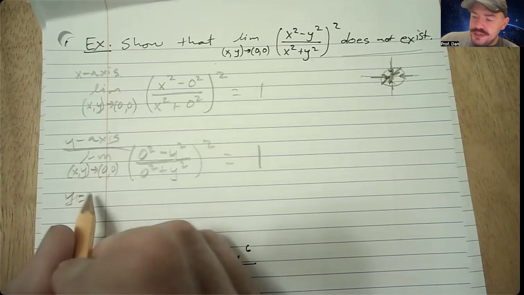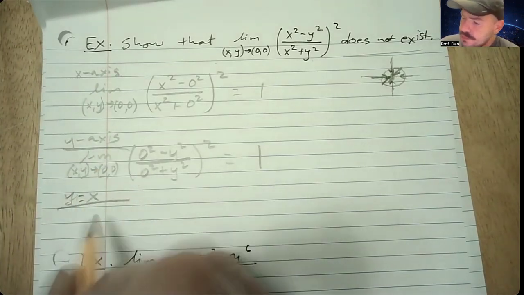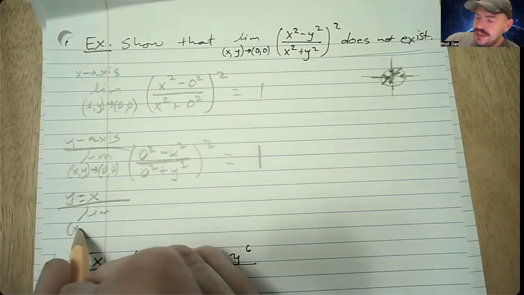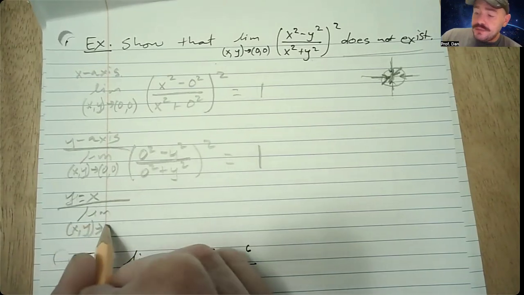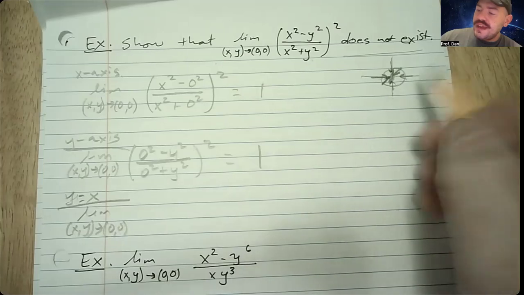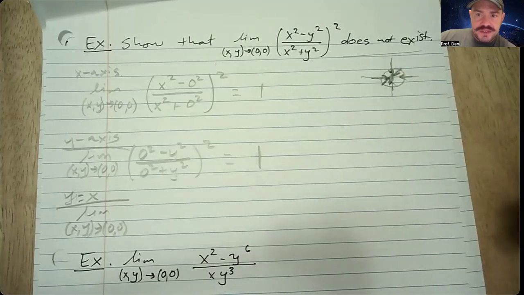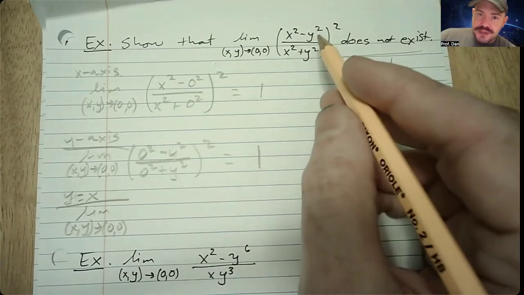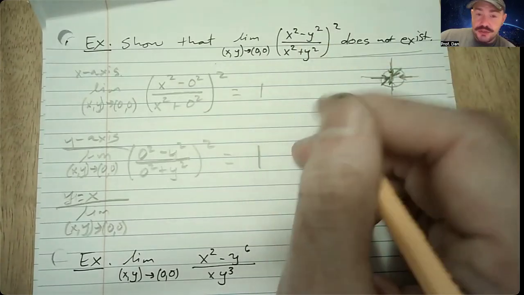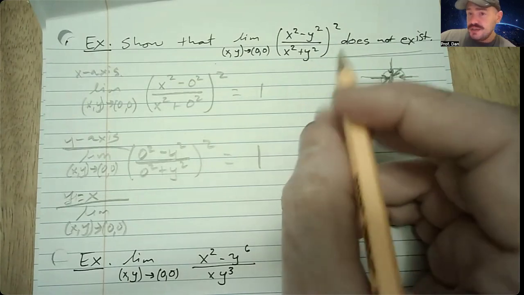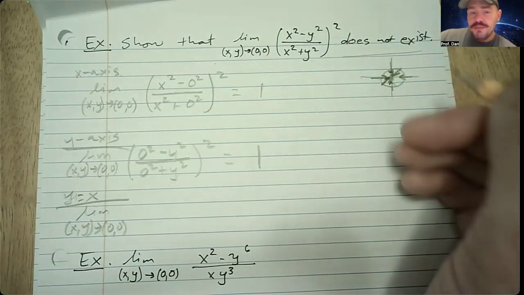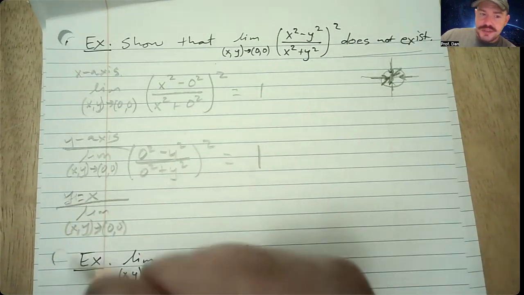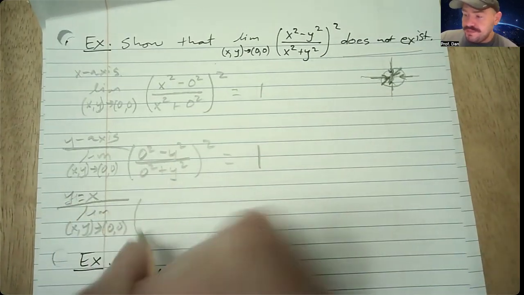So with this one, I want you to remember that every point on that line, y equals x, will have x and y coordinates that are the same. So I could replace the y's with x. I could replace the x's with y. It doesn't matter, right? But when I'm testing along this line, I'm just replacing one of the variables with the other.